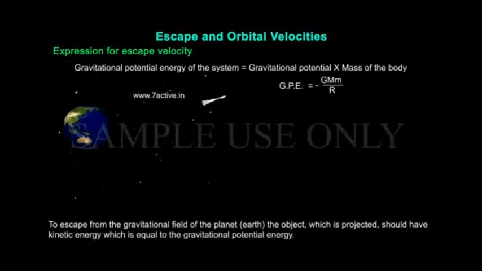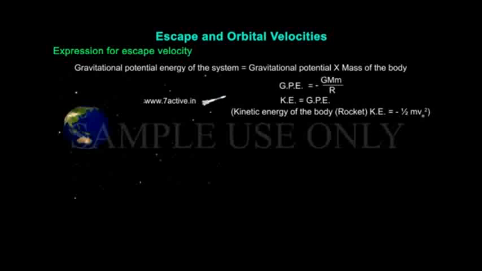To escape from the gravitational field of the planet Earth, the object which is projected should have kinetic energy equal to the gravitational potential energy. Therefore, the kinetic energy of the body, KE, is equal to half mv square. Therefore, half mv square is equal to GMm by r.